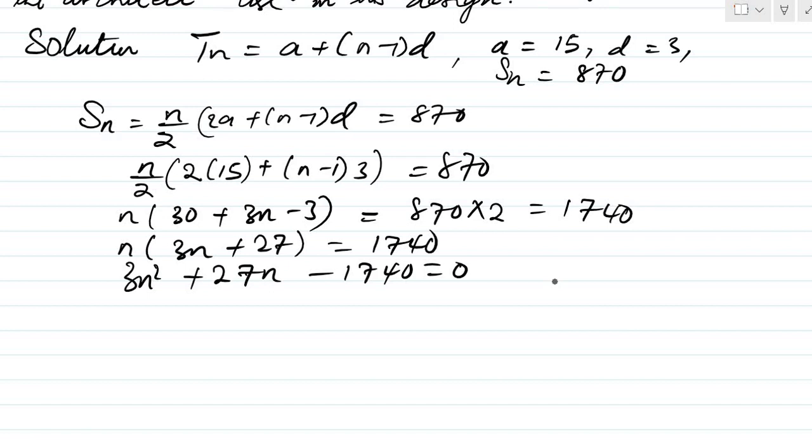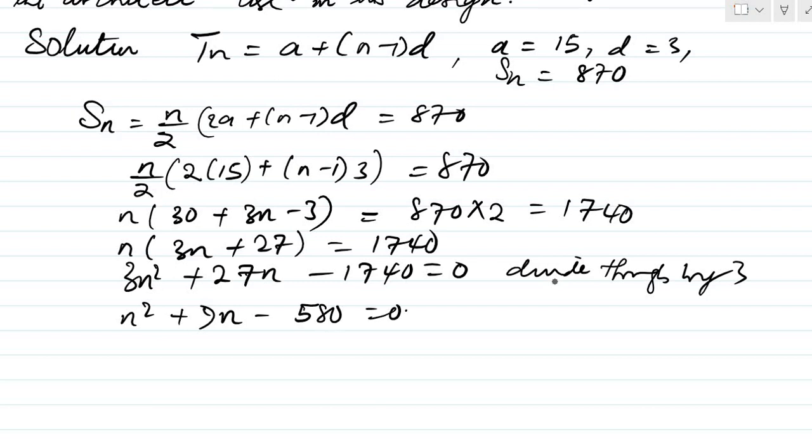So you have formed a quadratic equation, which you can divide through by 3. So you're going to have n squared plus 9n minus 580 is equal to 0.